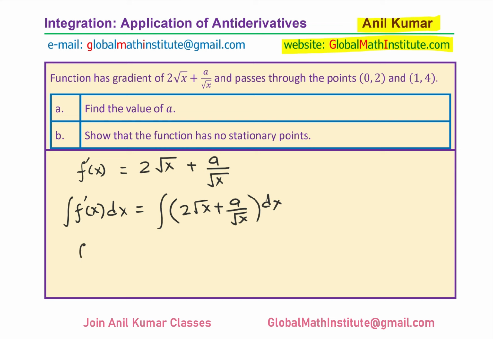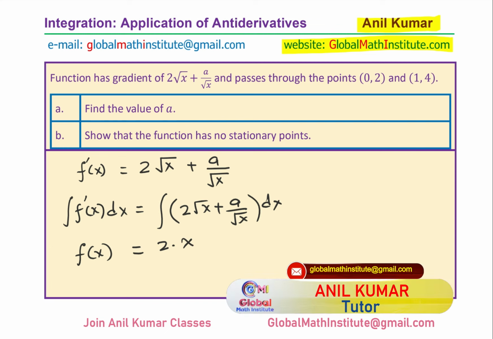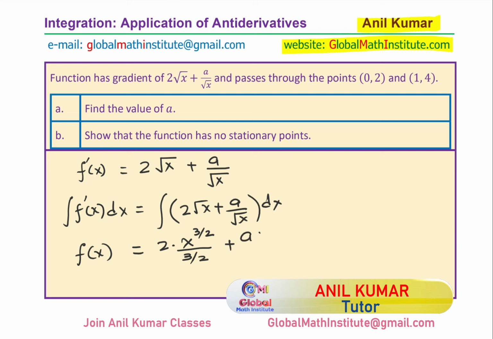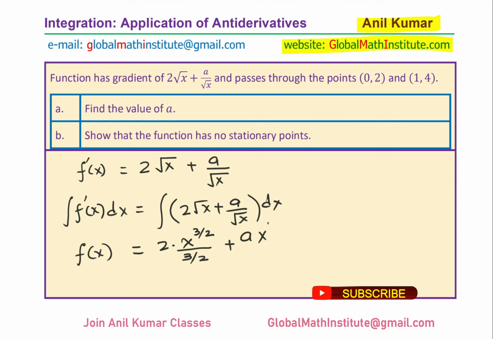So on the left hand side, we get the function f of x, and here when you integrate, we get 2 times x to the power of half plus 1, which is 3 by 2, over 3 by 2, plus a times x to the power of minus half plus 1, which is half, over half, plus the constant c.